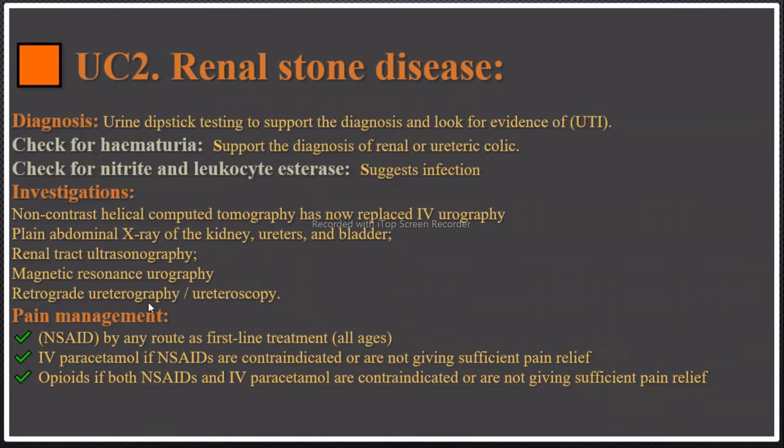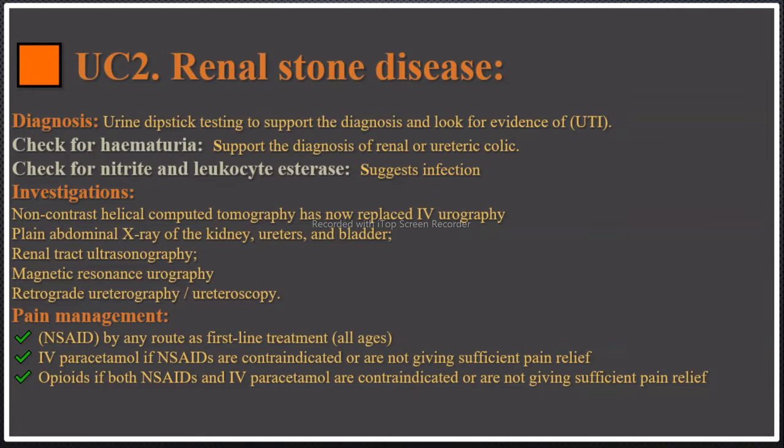Pain management here: non-steroidal anti-inflammatory drugs, rectal or IM, any route, no problem. So if they give you non-steroidal or any other painkiller in the exam, choose non-steroidal. Non-steroidal or opioid, which one will you choose? Non-steroidal.